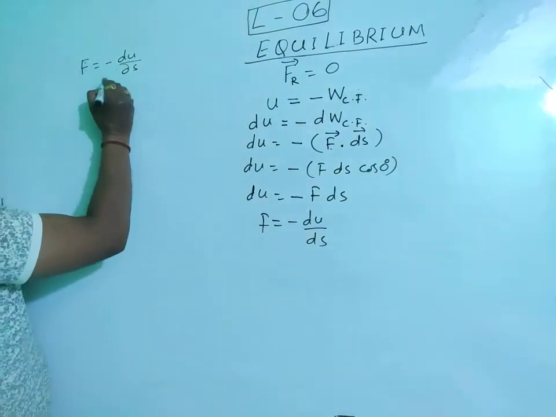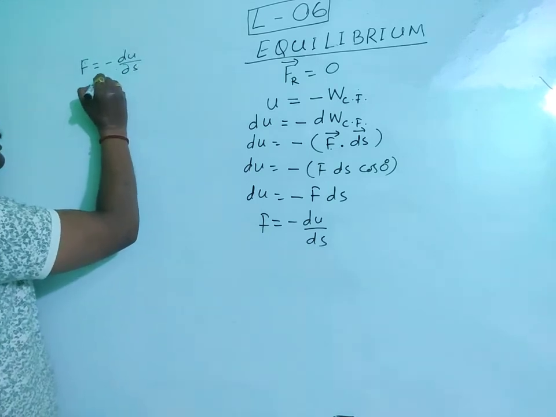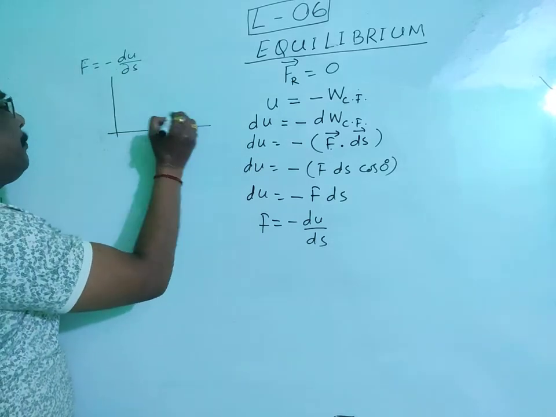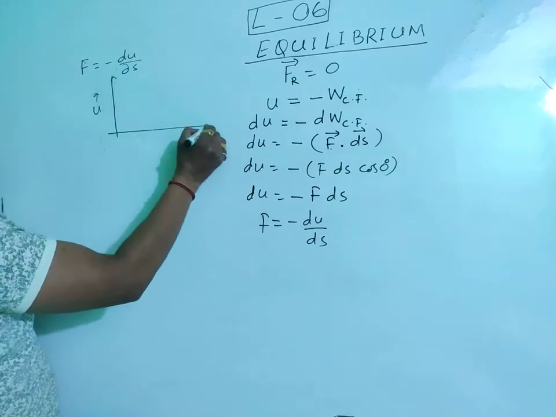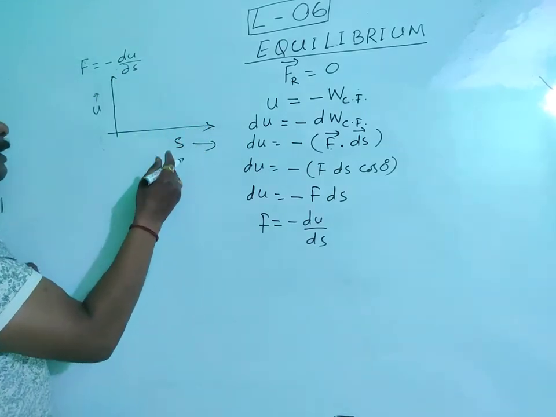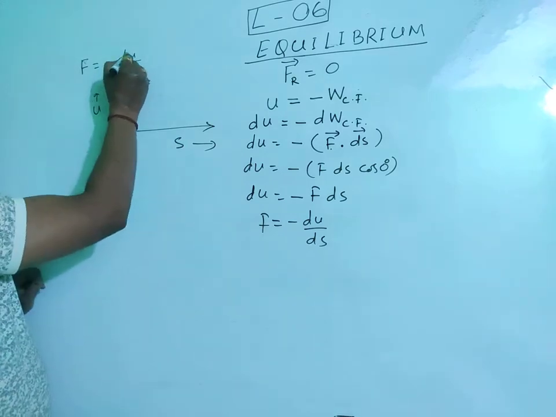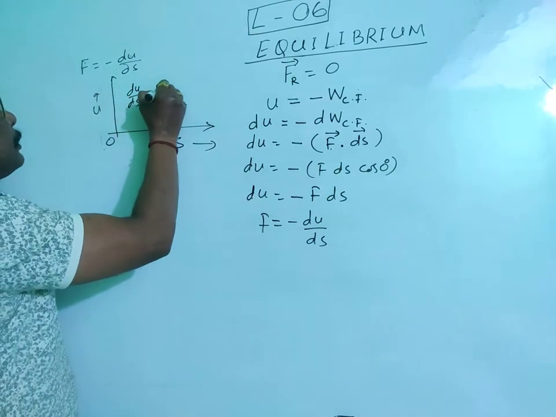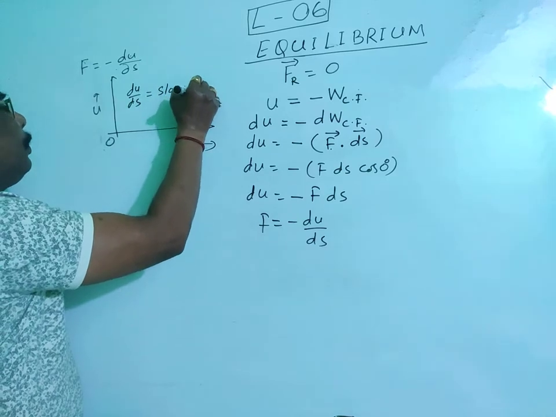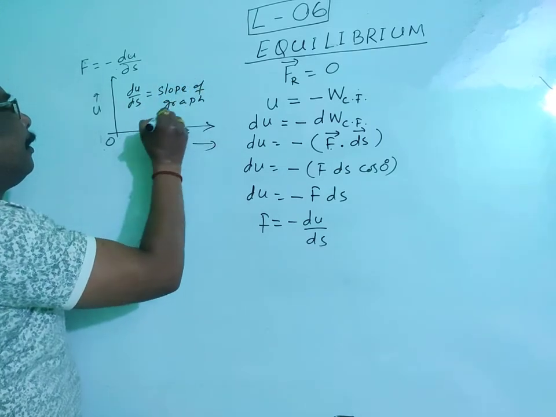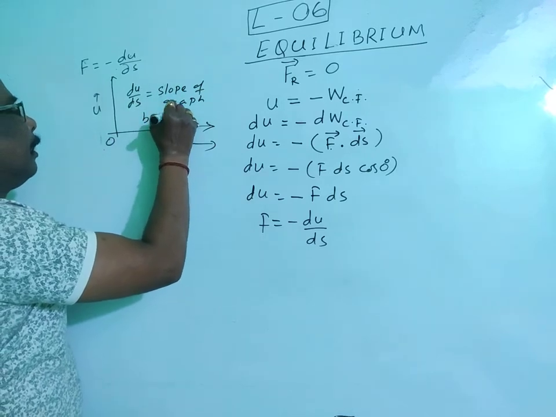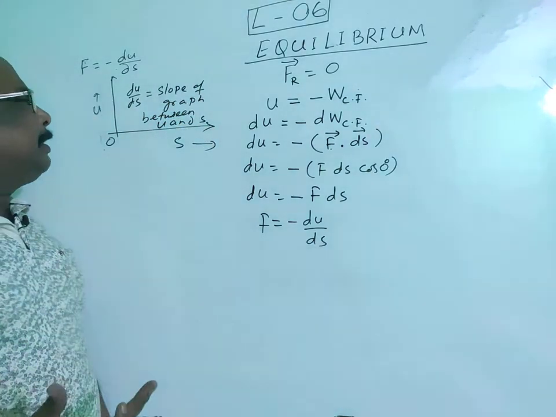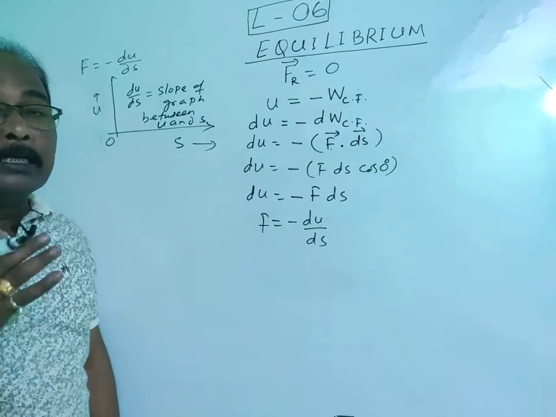Now if you plot a graph between potential energy along the y-axis and displacement along the x-axis, then dU by ds is the slope of the graph between U and s.